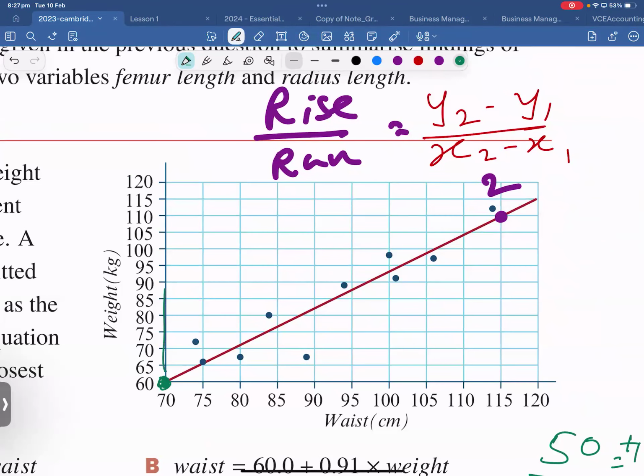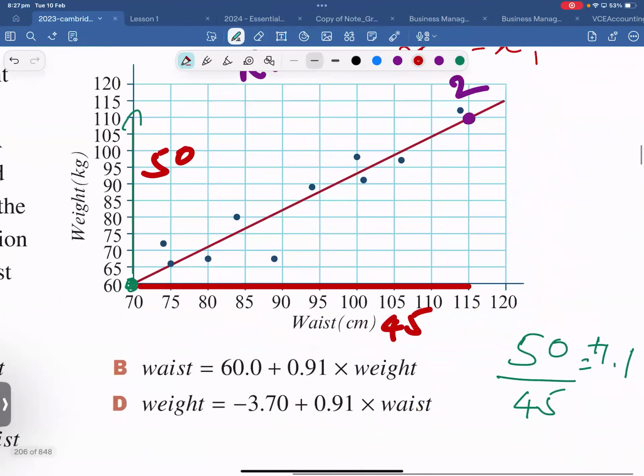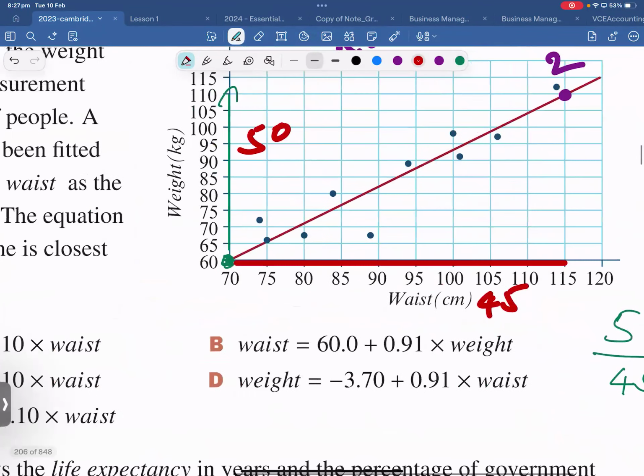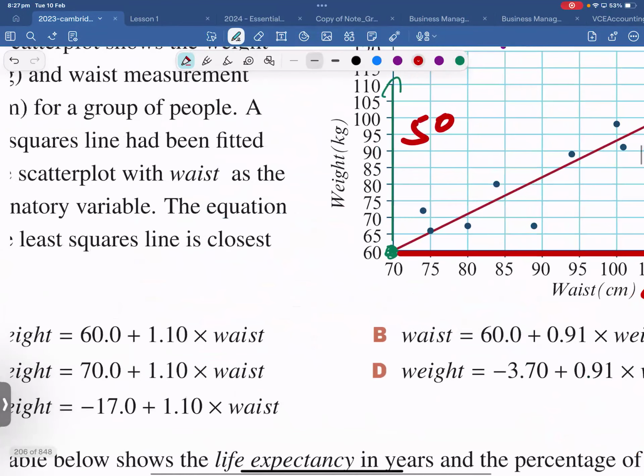Change in Y is 60 to 110, which is 50. Then change in X is, what is it? This one, which is 45. So 50 divided by 45. So 1.1. So there are 3 with positive 1.1.